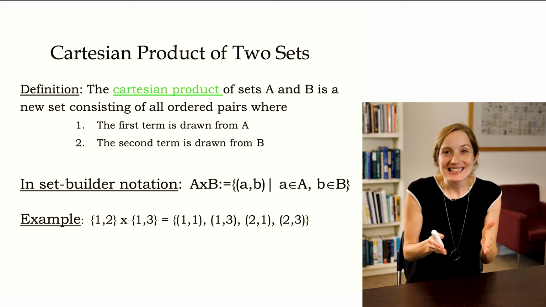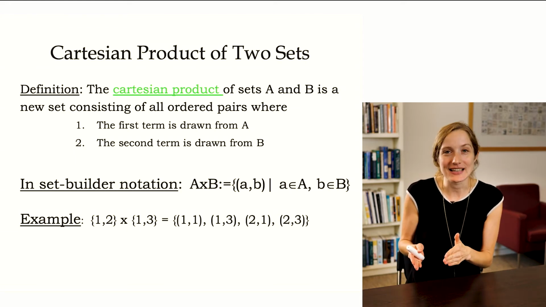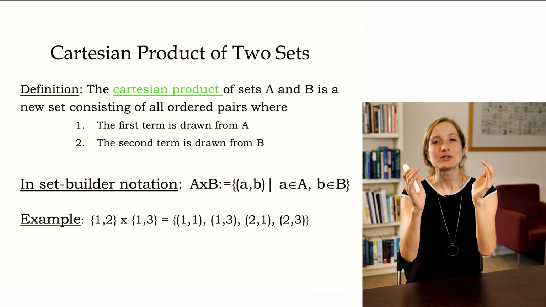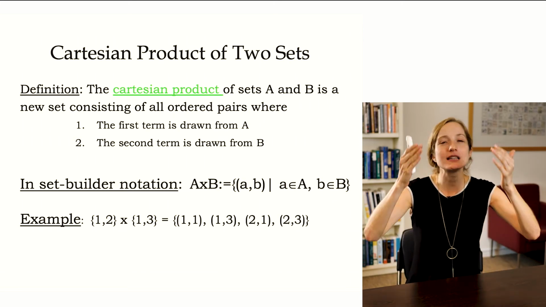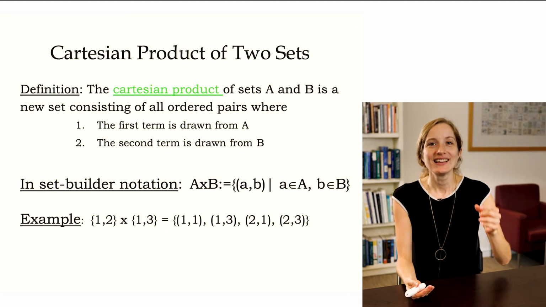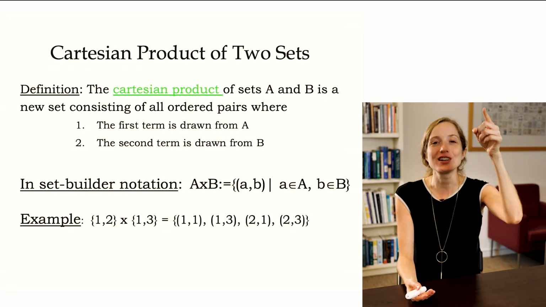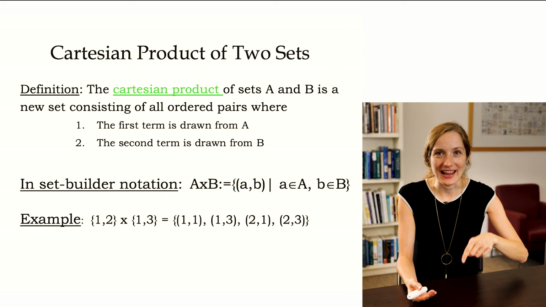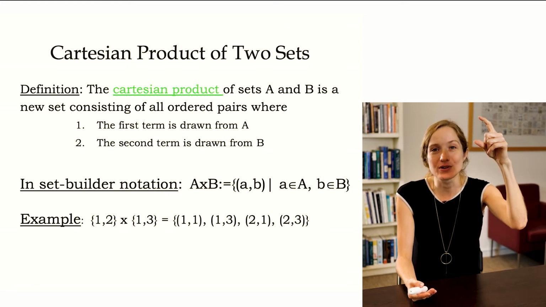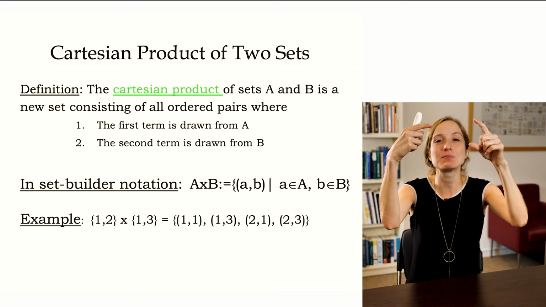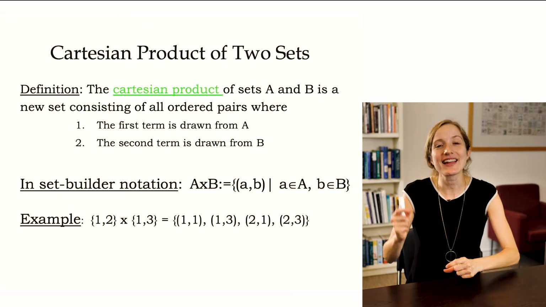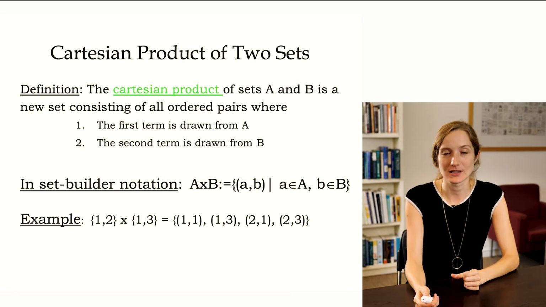Well, it's going to be the size of A times the size of B. And why is that? Think about all of these ordered pairs. Suppose I listed out all of the ordered pairs in A cross B. Then in the first position, I have all the different elements of A that I can scroll through, and for each of those, I have all the possible options for elements of B. So I get size of A times size of B many elements.